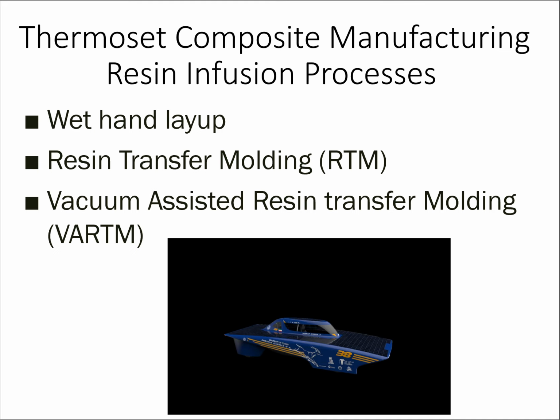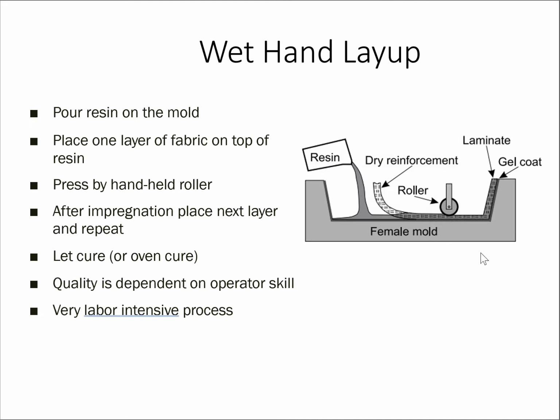Okay, so how does the wet hand layup work? Pretty simple. You have your mold. You start laying down the fibers, and then you add the resin, and you make sure the resin completely covers your mold and your fiber uniformly at all parts using this roller. So pretty simple.